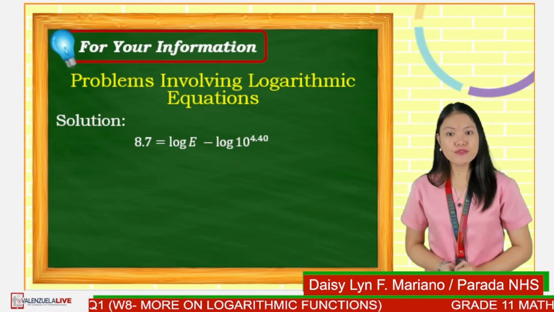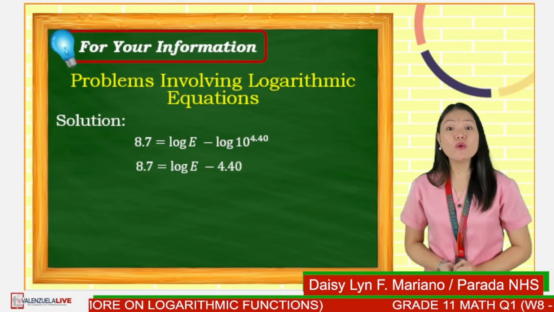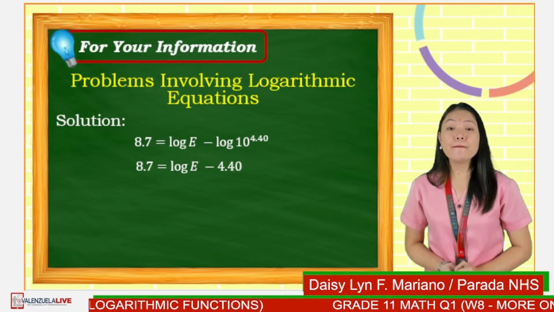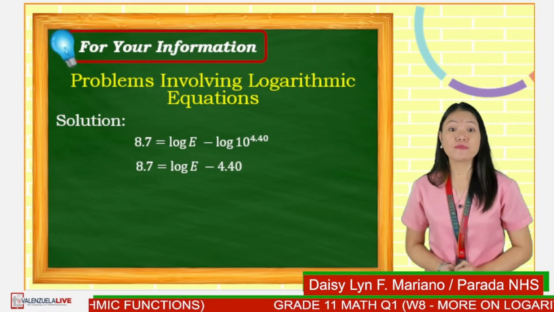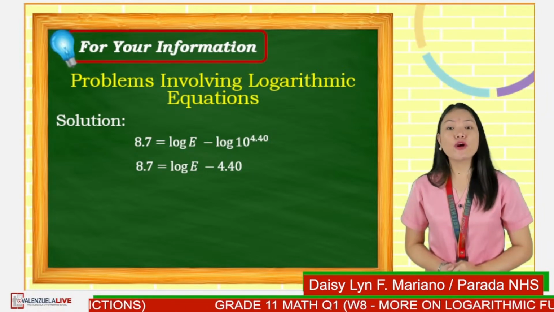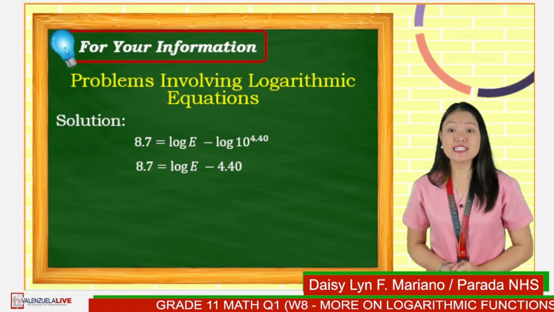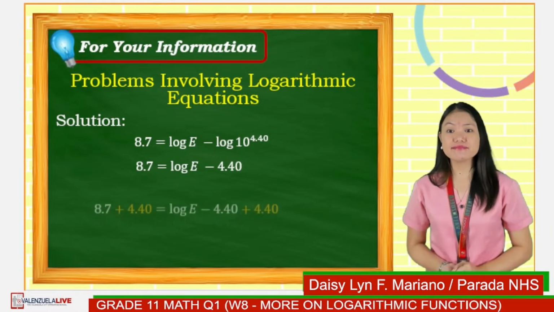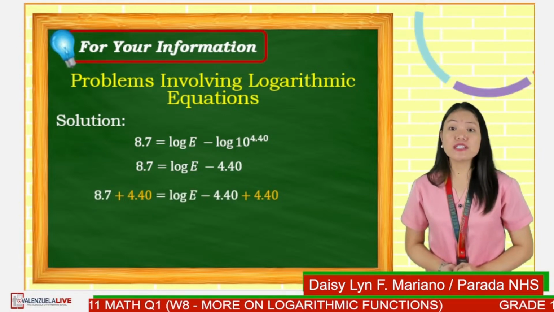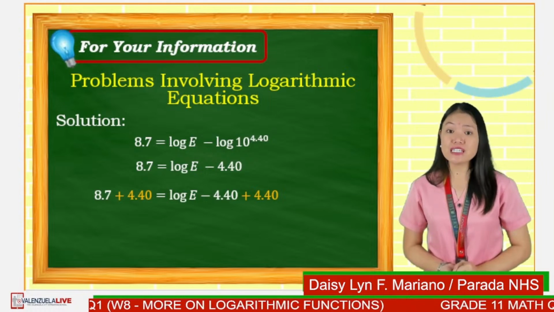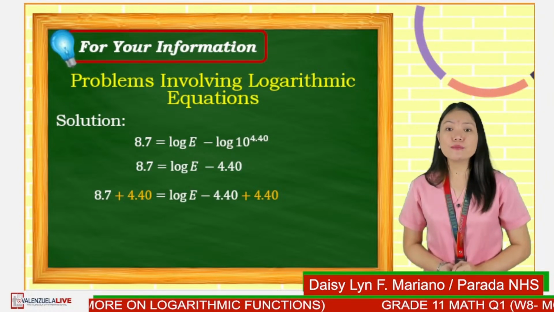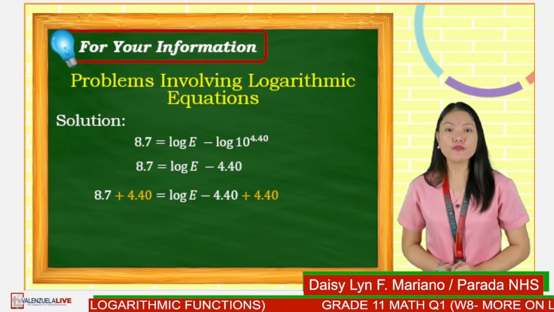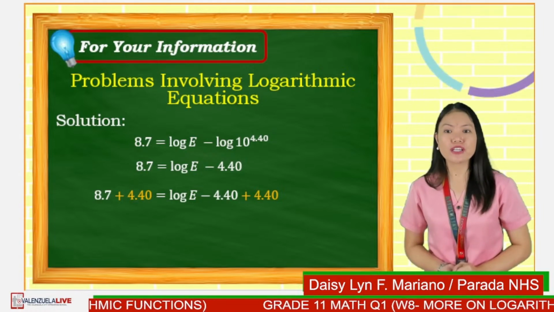And we will have 8.7 is equal to logarithm of E minus 4.40. From here, we will add 4.40 to both sides of our equation. That is, 8.7 plus 4.40 is equal to logarithm of E minus 4.40 plus 4.40.